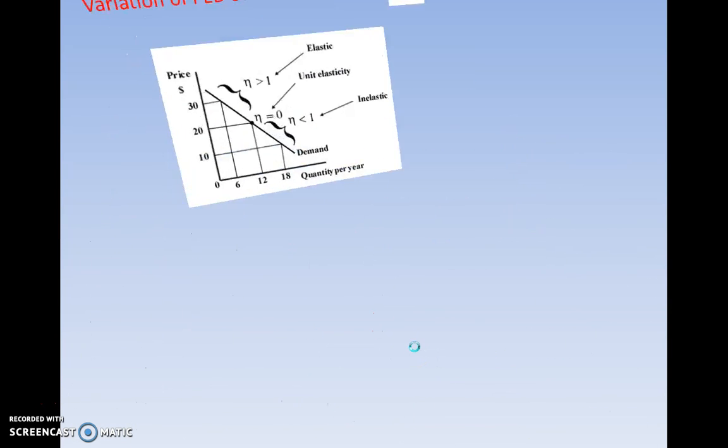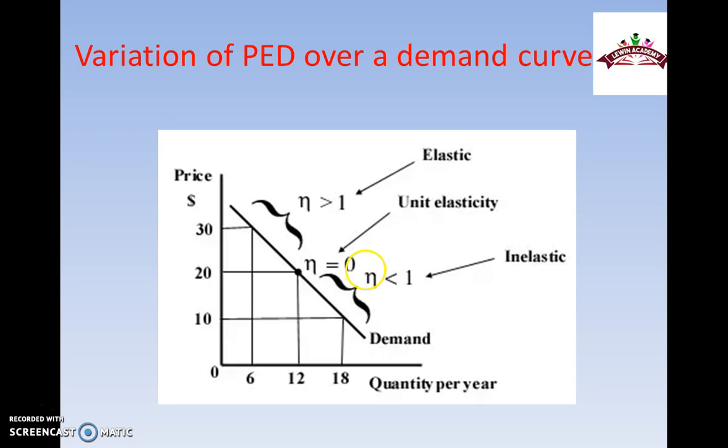Alright. Now by the way, on variations in the demand curve, you can use one demand curve to determine the type of elasticity there is. At the top of the demand curve, your demand will be more elastic, because if there's a change in price, you can be more responsive.